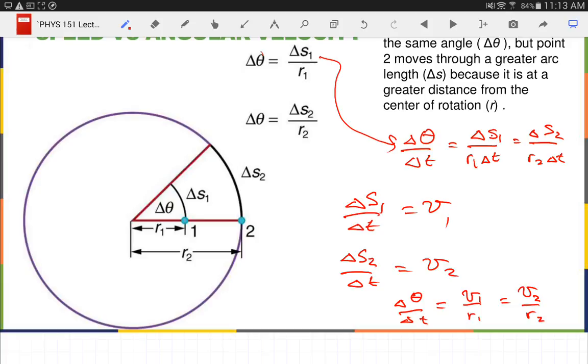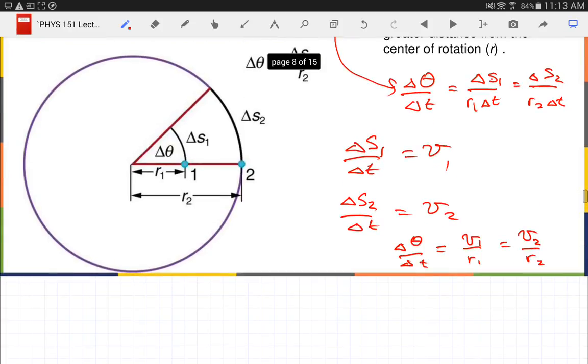So the speed divided by the radius is the same for both of them. So in our picture, Ann would have been speed 2. If I solve this for speed 2, V2 is equal to V1 over R1 multiplied by R2.